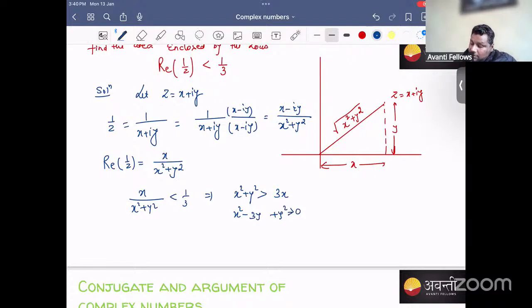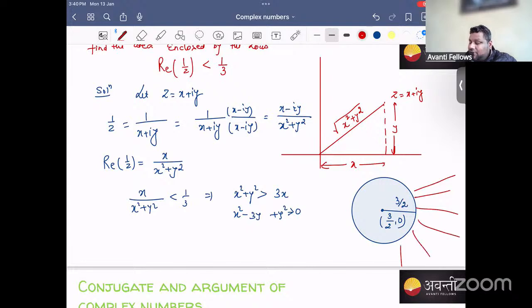Now this is a circle with center at 3 by 2 comma 0 and radius also 3 by 2. So because it shows more than 0, every point outside this circle is your locus.